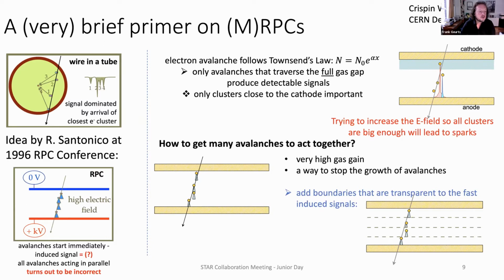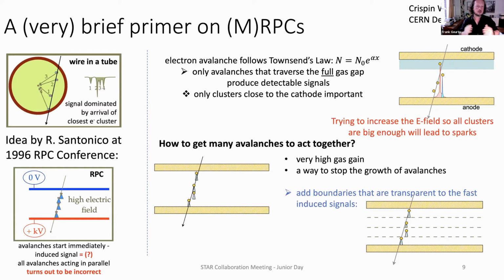If I start on the left side, this was an idea that Santonico raised at the 96 RPC conference. I'm taking this from a really interesting seminar that Crispin Williams, who has really been at the forefront of this, gave 10 years ago. If you look at a wire in a tube, like streamer tubes, you have this anode in the middle, and the signal that you get is really dominated by the arrival of the closest electron cluster.